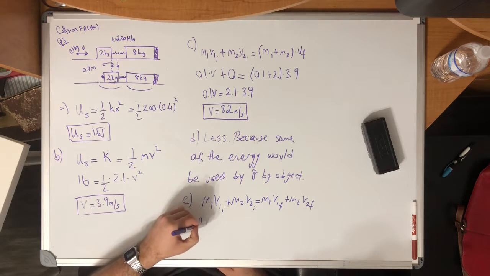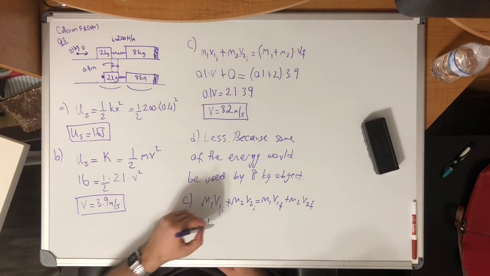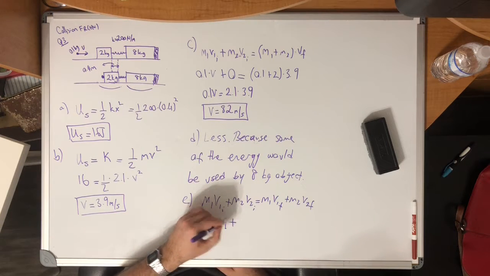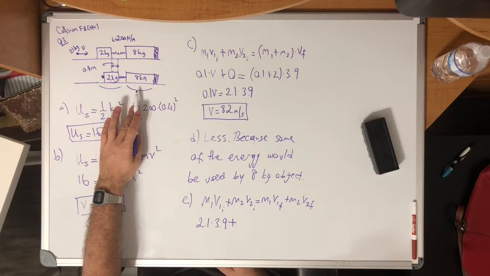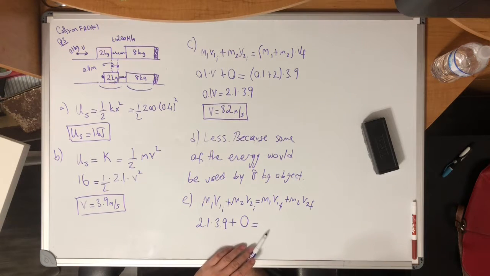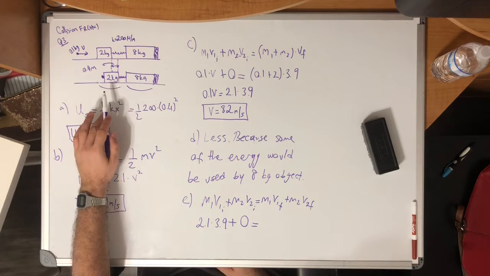So the 2.1 kilogram object is going to have the velocity of 3.9 meters per second, plus this guy is at rest initially, so 0, and that is going to be equal to the final momentum. They are not going to be sticking together, so they are going to have a little bit different velocity.